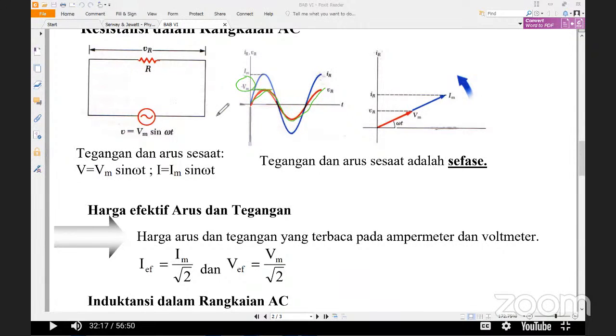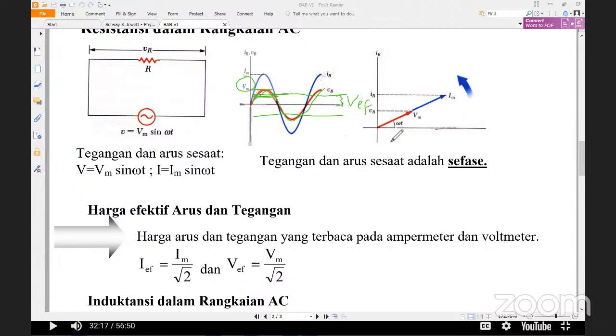But if we utilize the electricity, we just get this area, and this part we express as the effective voltage.